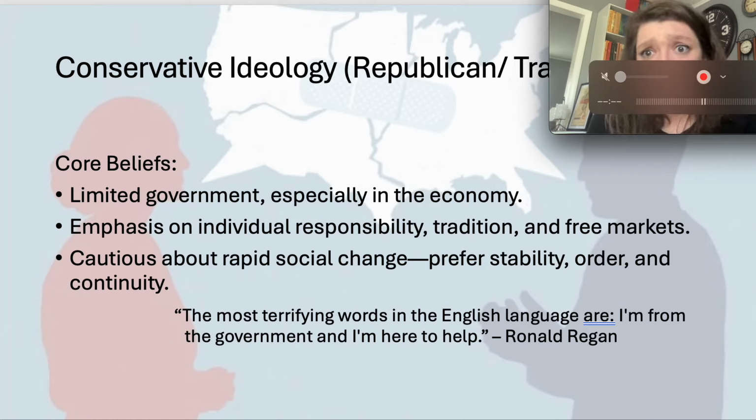The government is not a good solution to things. When the government gets involved, it creates more problems than it solves. They argue the markets are the best way to determine how the economy should work. When the government gets involved, it messes with that. So they argue for a limited role of government, particularly in the economy.